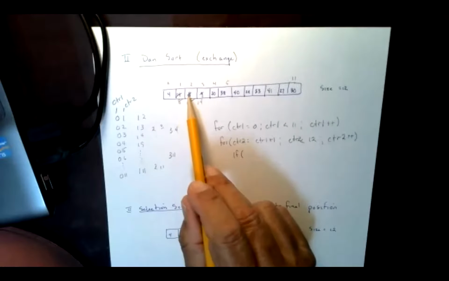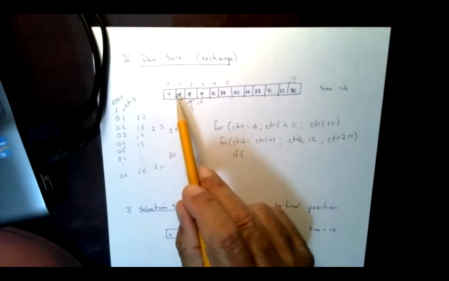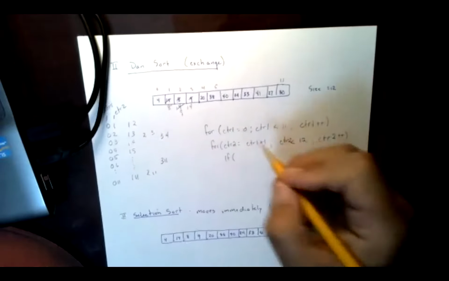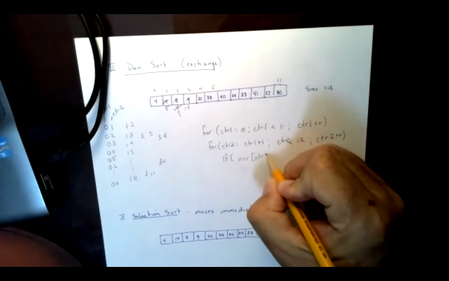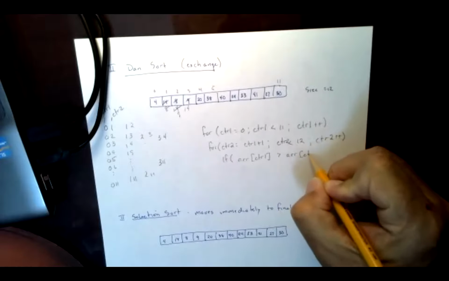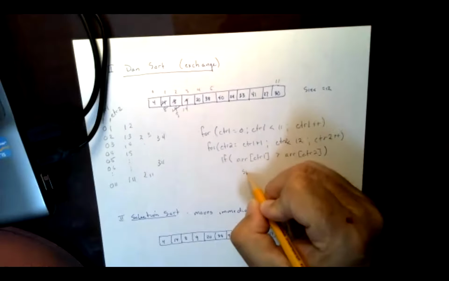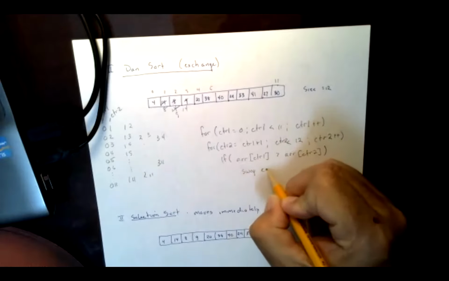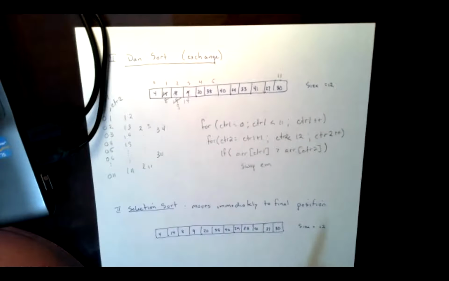So when I had the 14 and 8, when this one was bigger than this one is when I swapped them. So if array sub counter 1 is greater than array sub counter 2, watch this. I'm going to swap them. And that's it. Now you have to remember what your swap was.